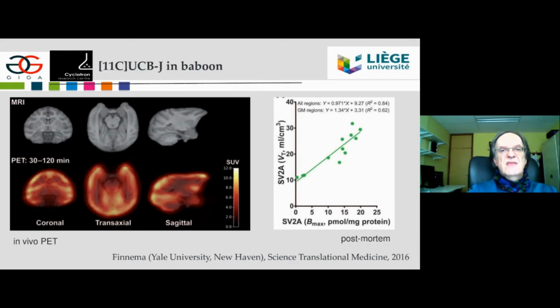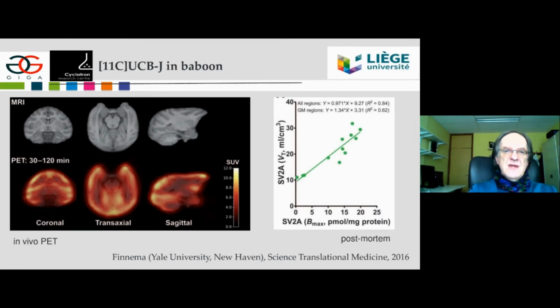You will see that with their measure of positron, and then when the animal was dead, they could make a real calculation in the brain of the number of binding sites, the number of synapses.